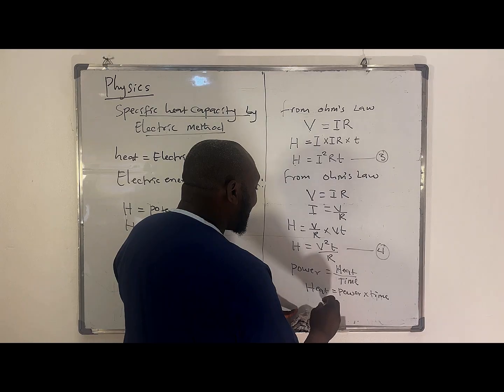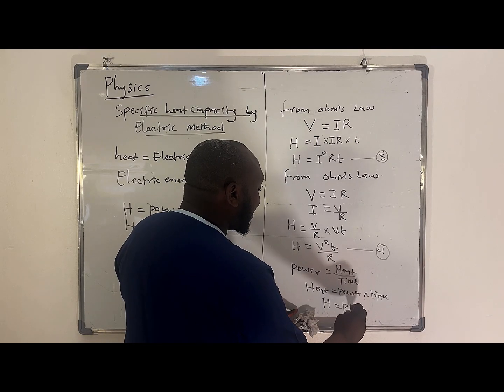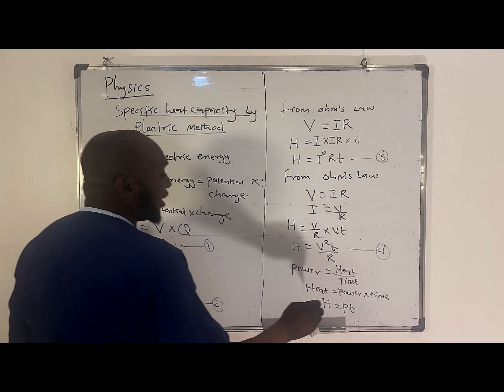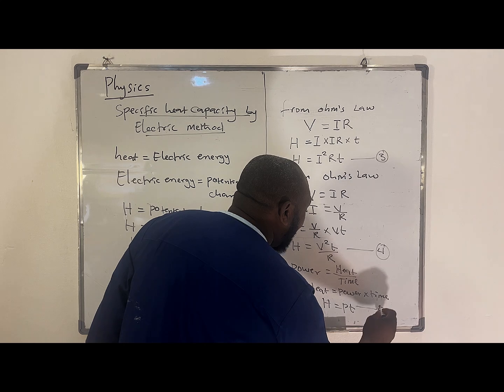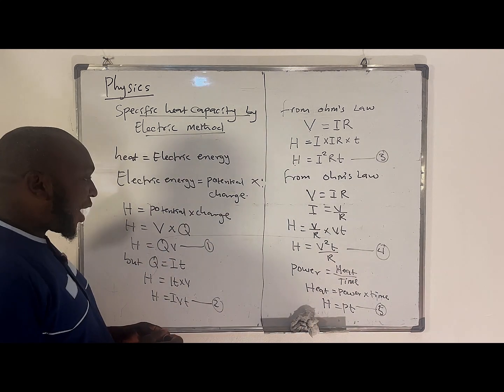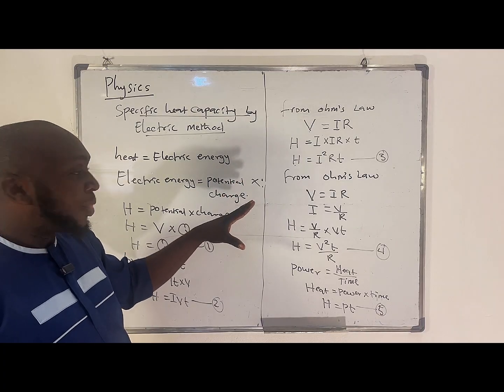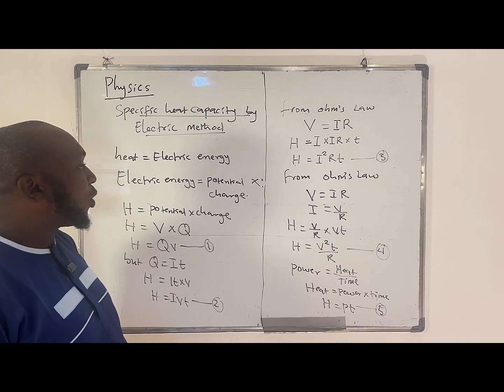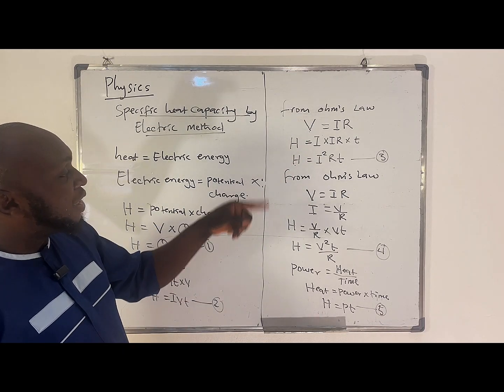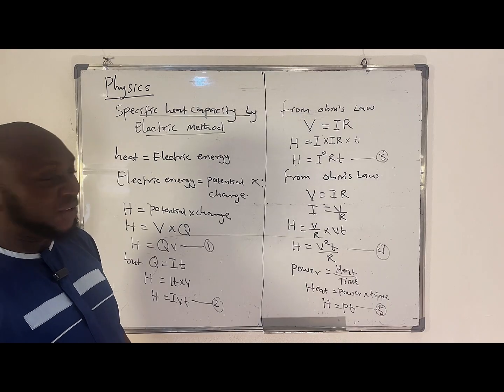Then heat H is equal to PT, power times time. This is another formula, formula 5. Based on all these formulas we have here, depending on the given data, you can select the appropriate formula to use to determine the heat supplied by the electric device.